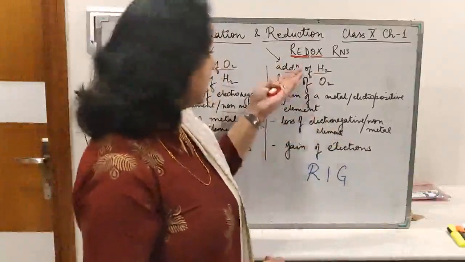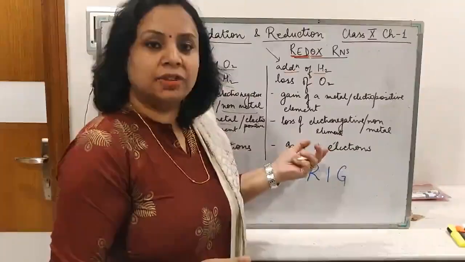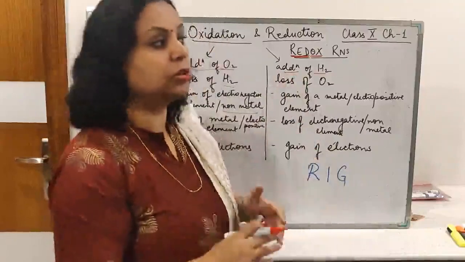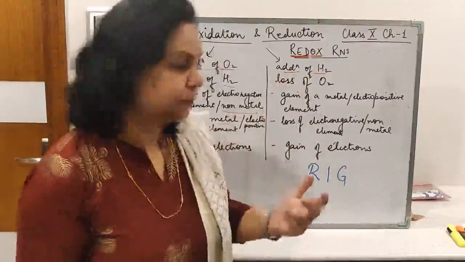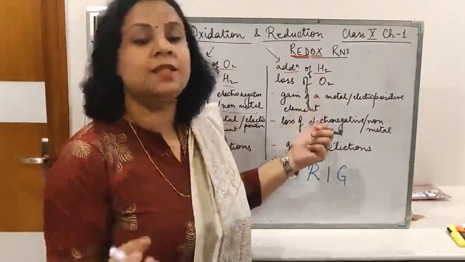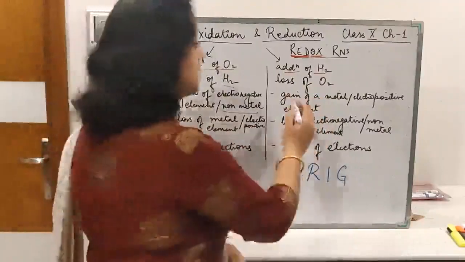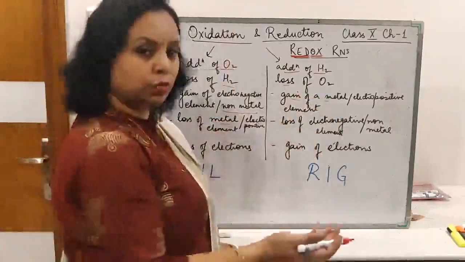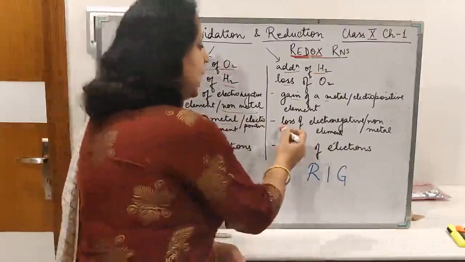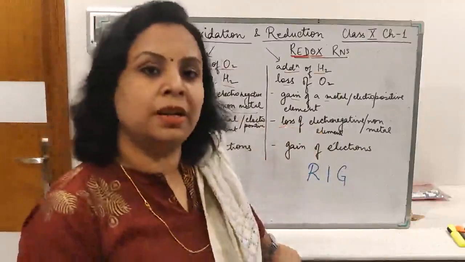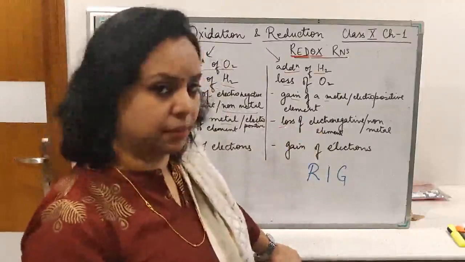Similarly, let us expand what reduction is. Reduction is addition of hydrogen. We can also say removal of oxygen. Whenever the oxygen is being removed from a substance, reduction is taking place. It can also be a gain of metal to a compound, and it can also be the loss of a non-metal or an electronegative compound.